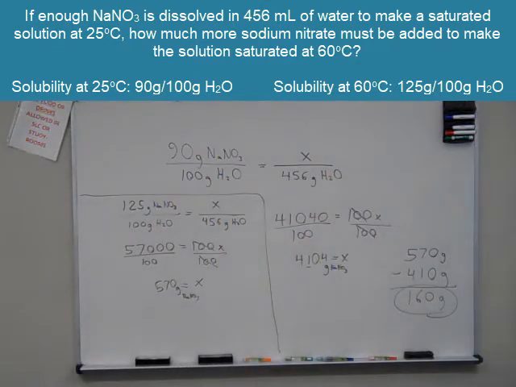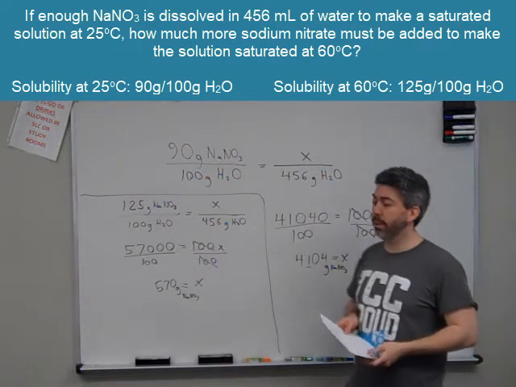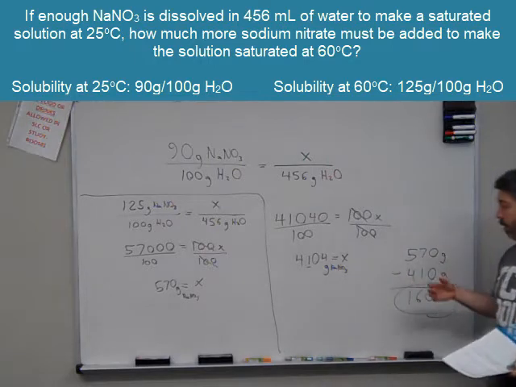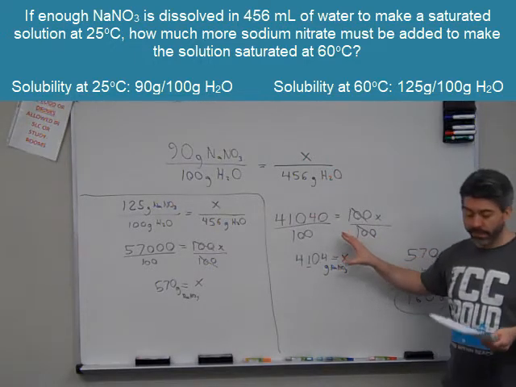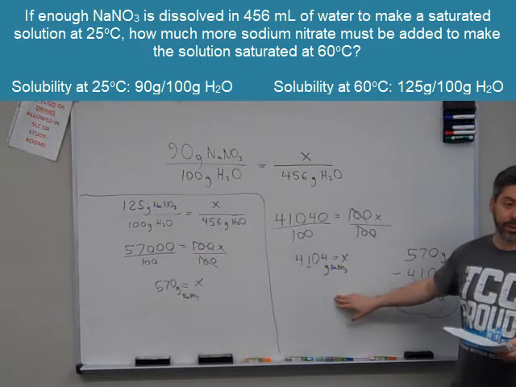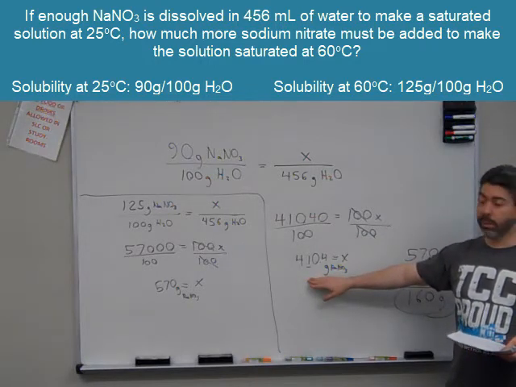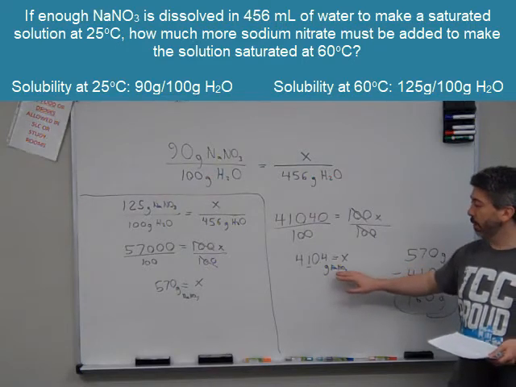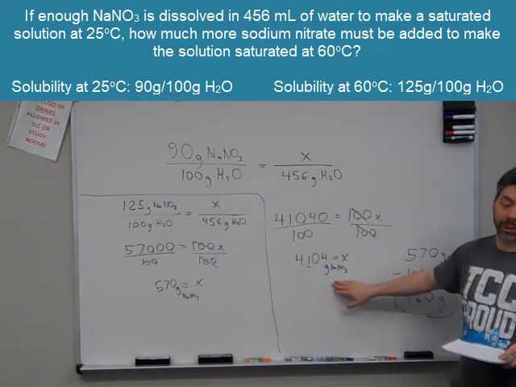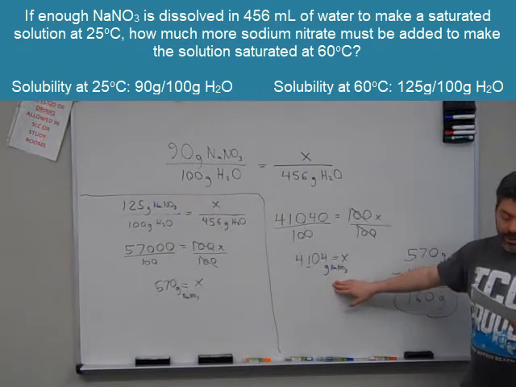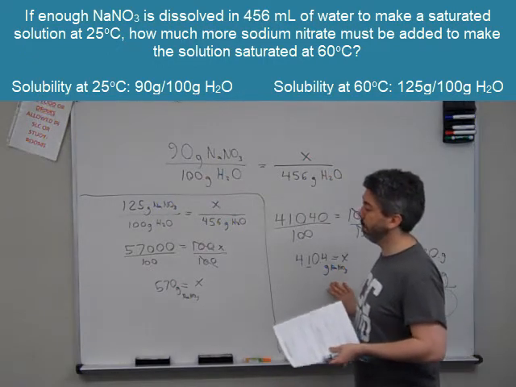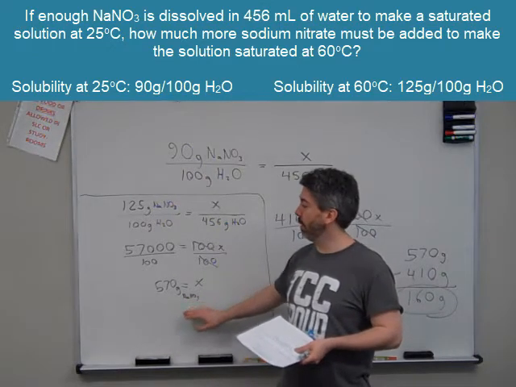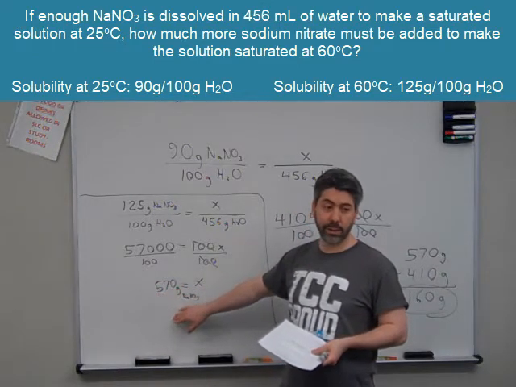Yes, in both cases it's wanting to get to a saturated solution. It's saying enough sodium nitrate is dissolved at 25 degrees to make a saturated solution, which we figured out to be 410 grams. Then it asks how much more must be added to make a saturated solution at 60 degrees.